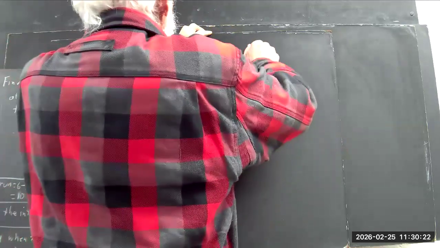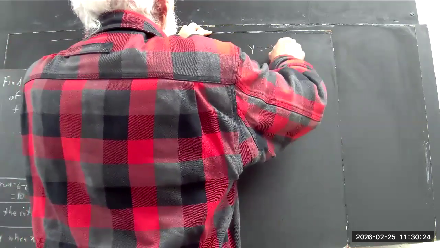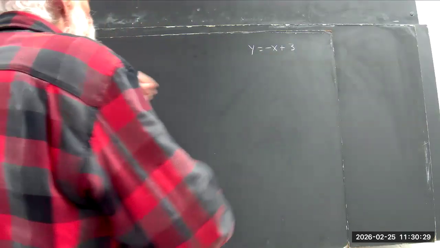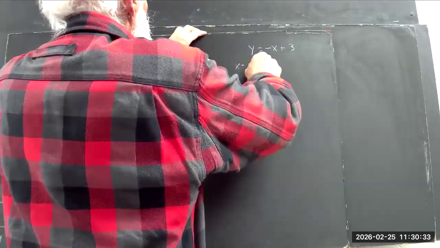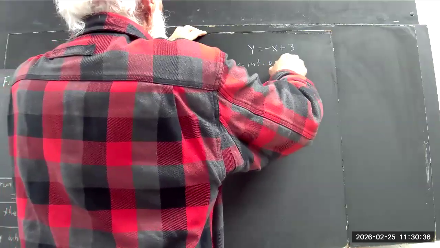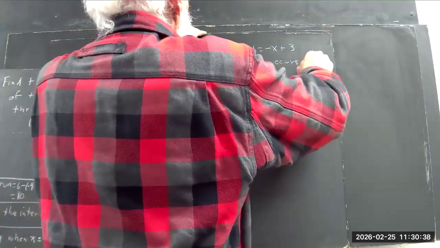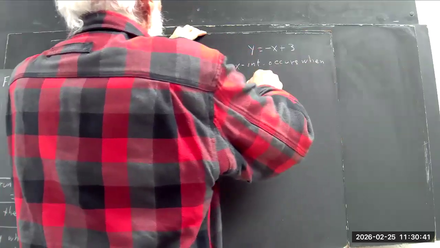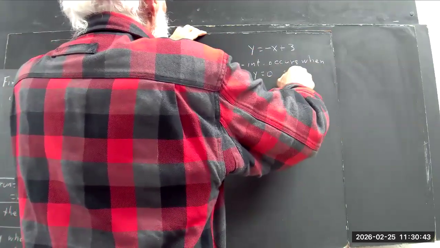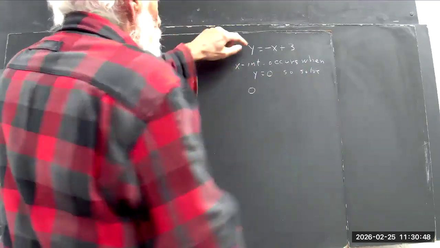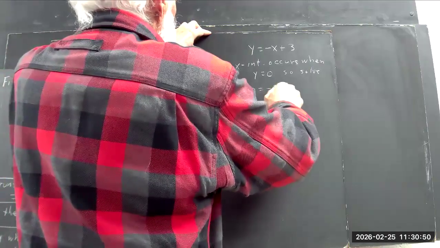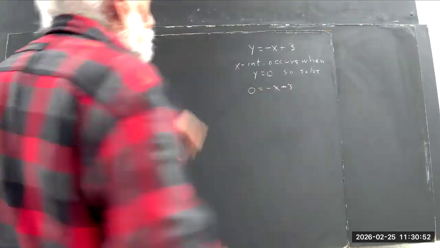Okay, so we have an equation y equals -x plus 3. X-intercept first one, y equals 0. So we solve 0 equals -x plus 3.